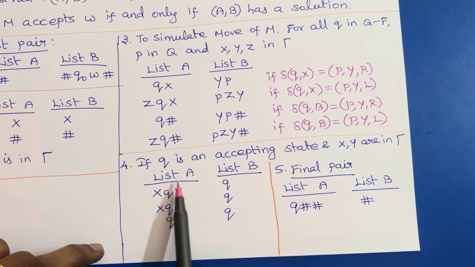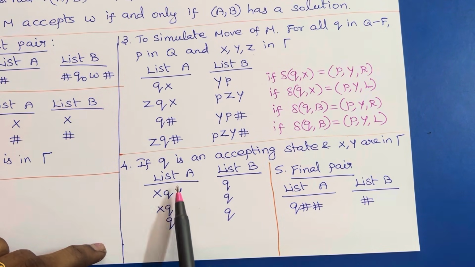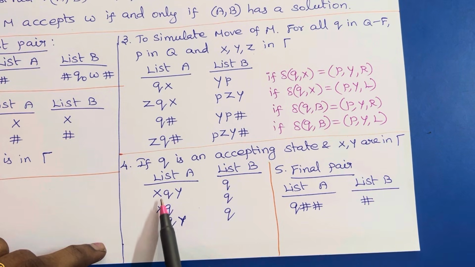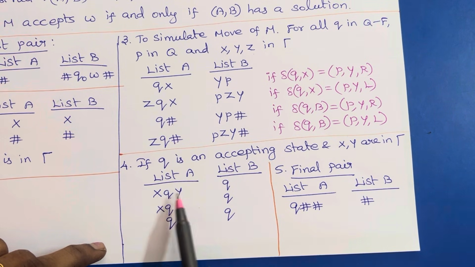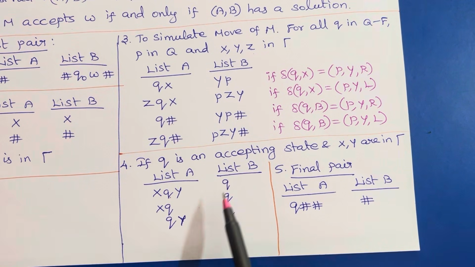Okay, so in list A, for all the final states, we have to write the list A rules like this, and list B rules. List A rules means the middle symbol should be the final state q, and it should be preceded and followed by tape symbols. So x, q, y preceded and followed by the tape symbol. In list B we have to attach the final state alone.